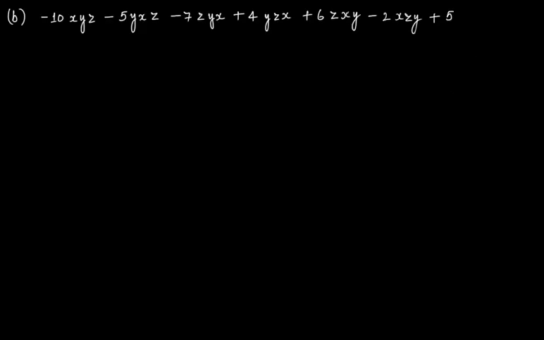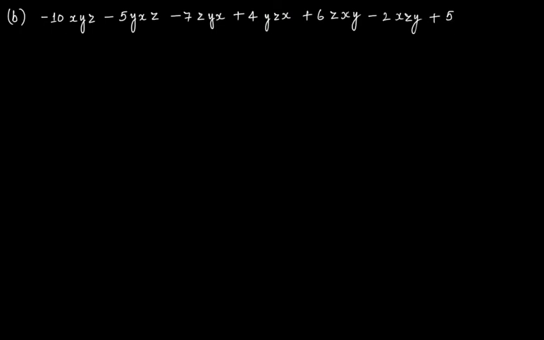In this one, this is minus 10xyz, then minus 5xyxz, minus 7zyx, plus 4yzx, plus 6zxy, minus 2xyxzy, plus 5.